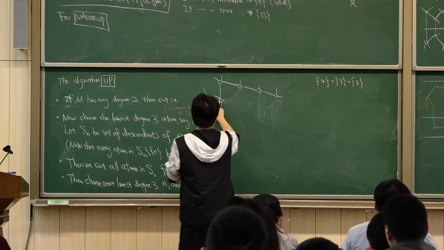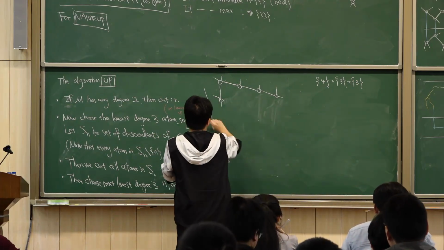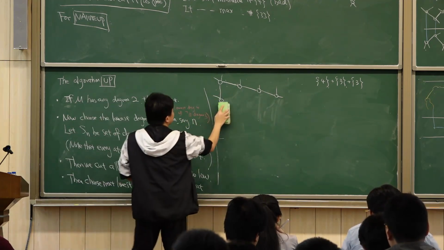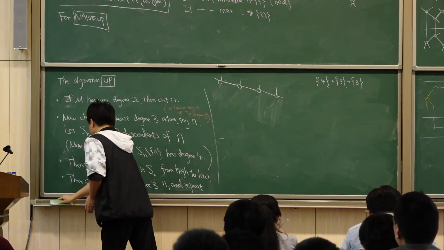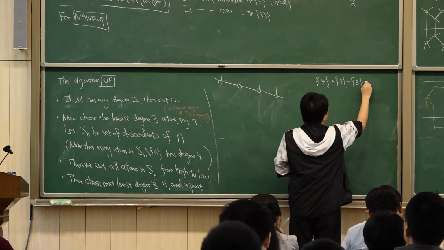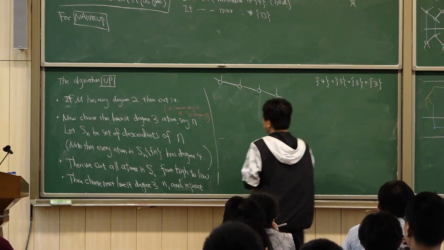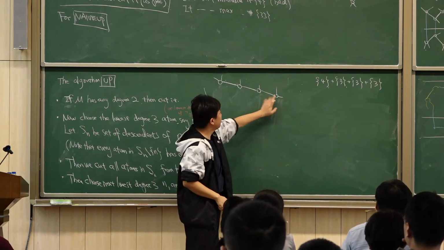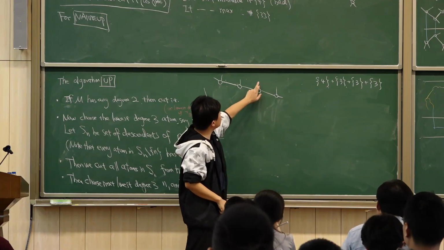And now we have this degree 3. The lowest are this and this. Let's say we cut this. So now we only have one lowest degree 3, which is this one. But then you see this one is connected to this one, which is another degree 3.